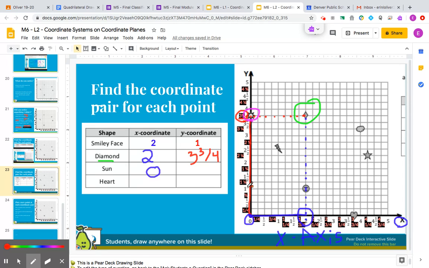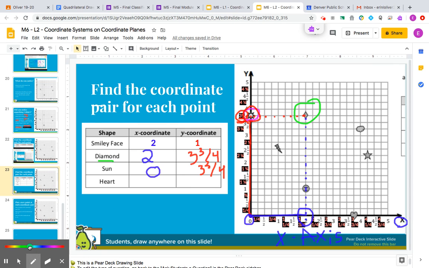And if I look at it on the y-axis, it's at that same point that the diamond was at, 3 3/4. So if I were to lead someone to the sun on this coordinate plane, I would say the sun is located at 0 and 3 3/4. So we have 0 on the x, and we go up 3 3/4 on the y.